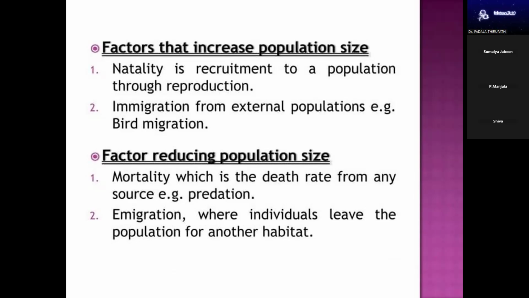The factors which reduce the population size are mortality and emigration. Mortality is the death rate from any source, for example due to predation, so the number of organisms may be decreasing here. In emigration, individuals leave that area, due to which the population size is also decreasing.